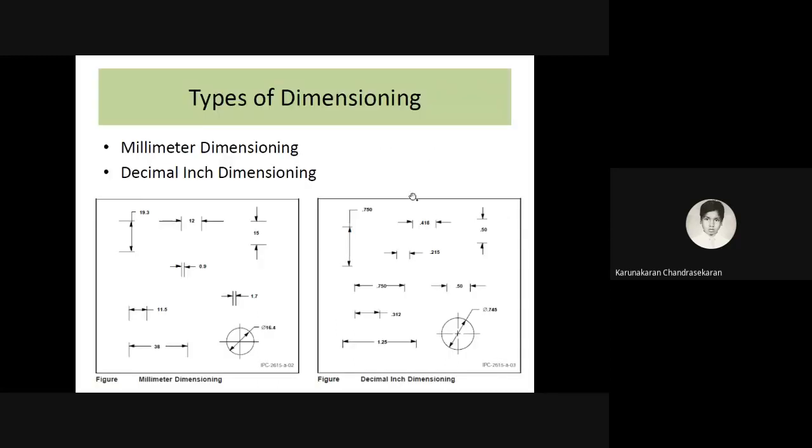Next, there are certain methodologies available with respect to IPC 2615 for printed circuit boards. Apart from terminology, we should know how to dimension the PCB design. Right now I have given very basic things.